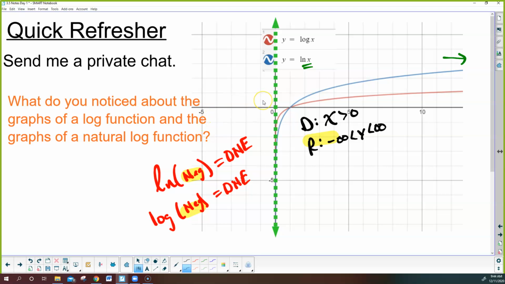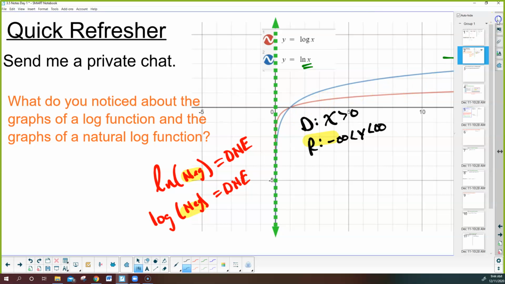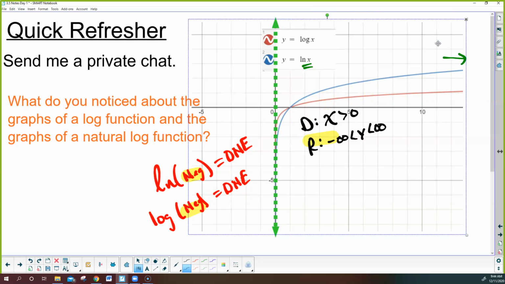All right, and that's the big thing. We are not going to be officially graphing these, but they are graphs that you're expected to kind of know. And you can see they're just very slow growing functions. Okay, another point, this is more calculus related, but it's a big, big idea that we use often. Notice the exact same point they share, and a lot of you identified this: when x is 1, y is 0.